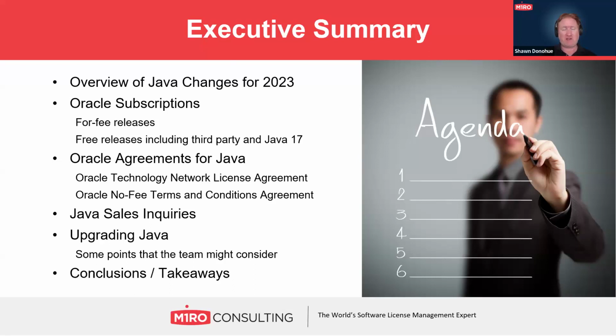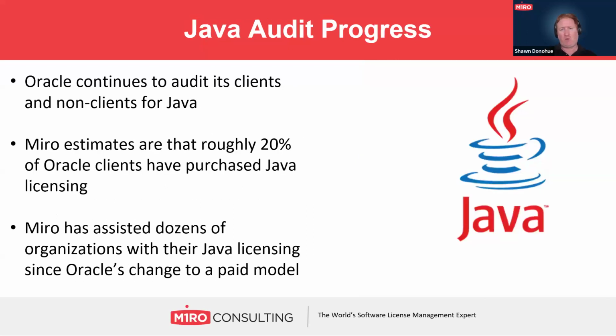Some things about upgrading Java and how that can get you out of compliance. But most importantly, we're going to tell you about the big gotchas that are very likely to mess up whatever plan you might have for your Java subscription needs that you need to be aware of when you're making your planning. So stick around.